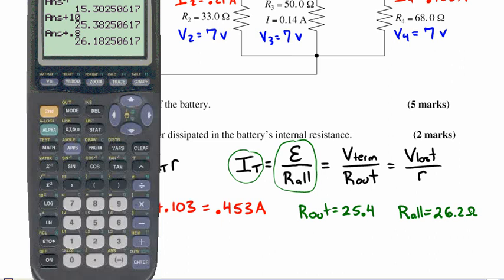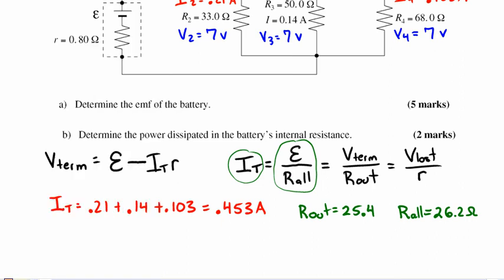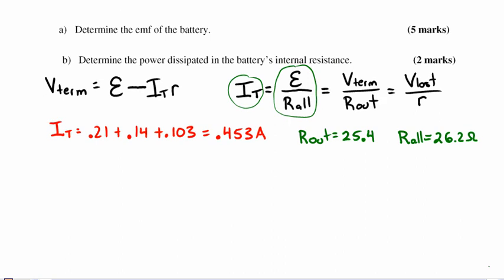We can go and work with IT. 0.453 is equal to the EMF which you wanted divided by the resistance of absolutely everything. So that's going to be my next calculation here. So IT is 0.453. That's equal to the EMF which we want divided by this 26.2 number.